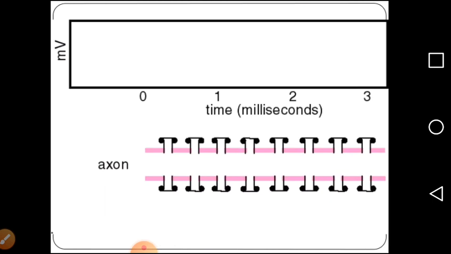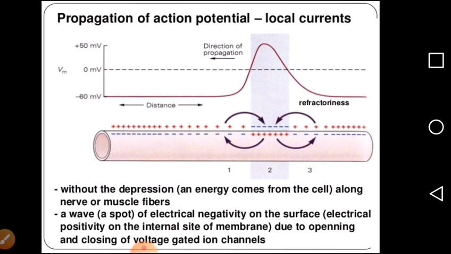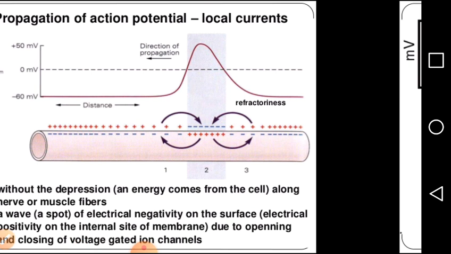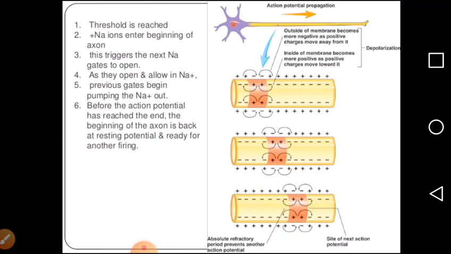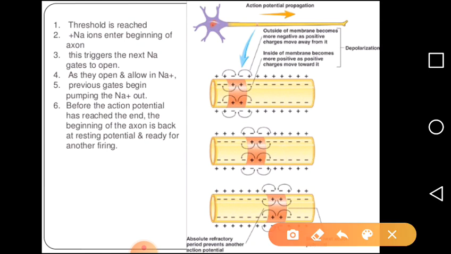Okay, so now we will talk about, I'm skipping all those steps which are not important or which are not given in your book. We will skip those things. Now come to the action potential propagation. This is again a repetition. First of all, a threshold is reached, then the sodium ions enter at the beginning of the axon.